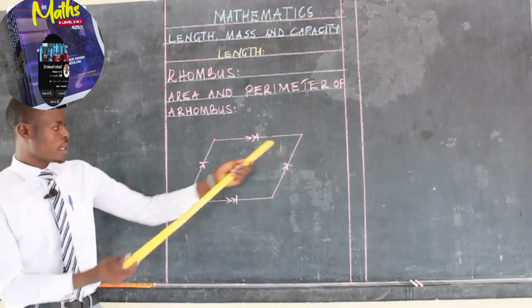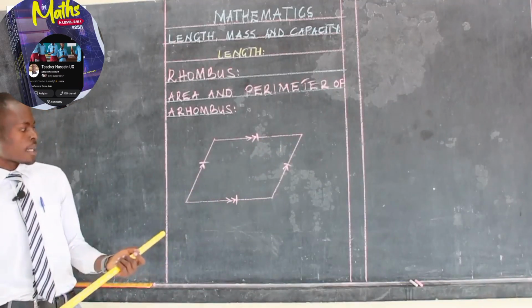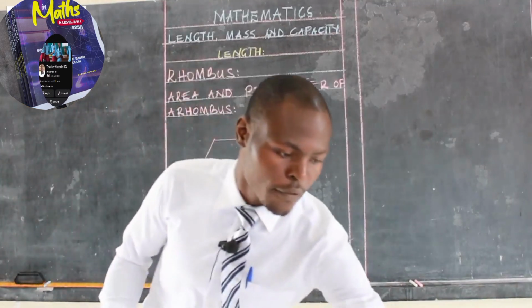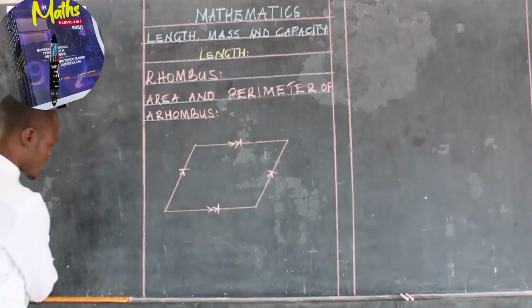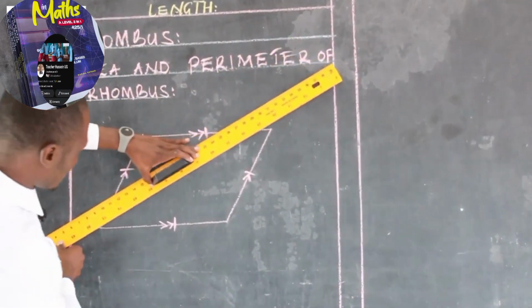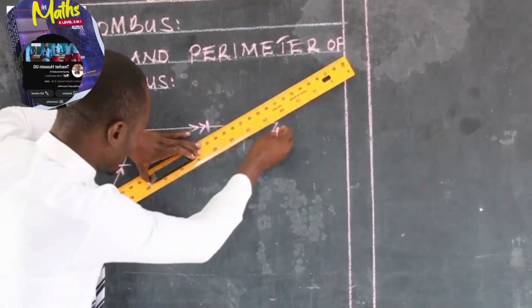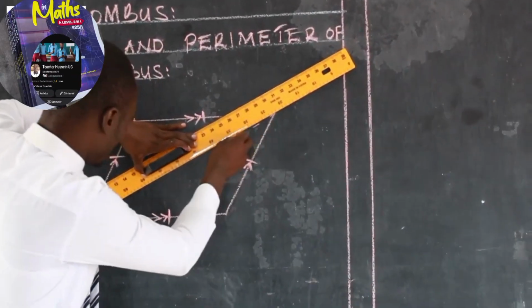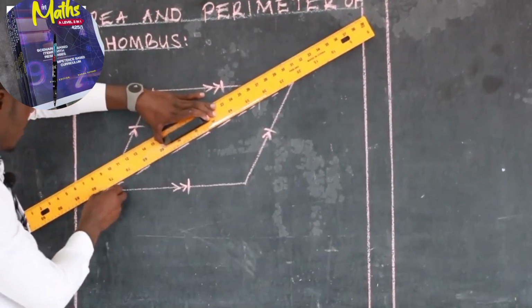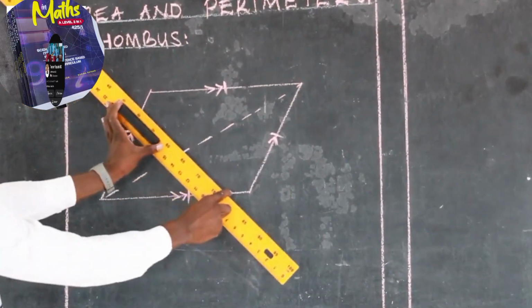This rhombus you see has two lines of folding symmetry. Those lines of folding symmetry bisect at right angles. As you see, teacher, these are the lines. They are diagonals.